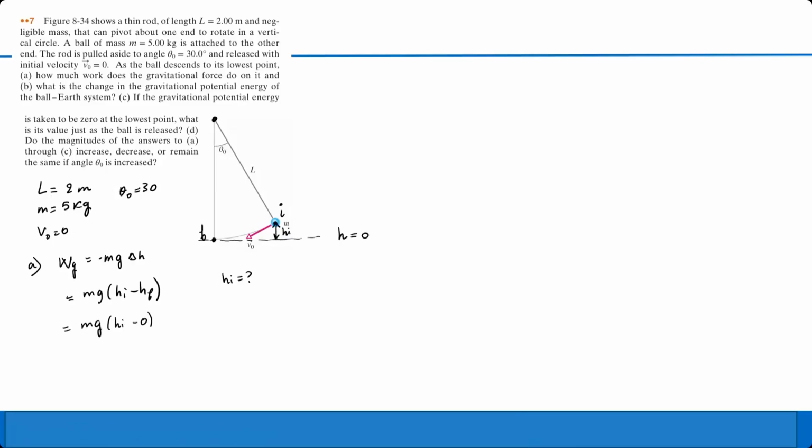To find the initial height, I will use some trigonometry. Namely, I'm going to look at the figure and choose a right triangle. Let's study this triangle here.